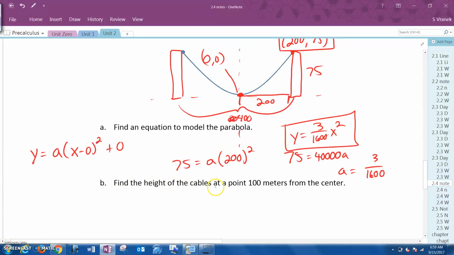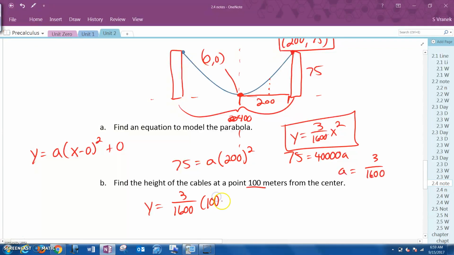We want to know how high the cables are 100 meters from the center. So if my center is at 0, 0, that would be an x value of just 100, because you're 100 away from 0. You could actually put 100 or negative 100 in, it would not matter. You should get the same answer either way, because the square would cancel out your negative.